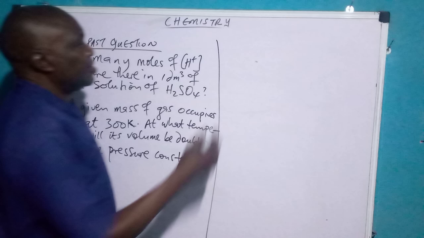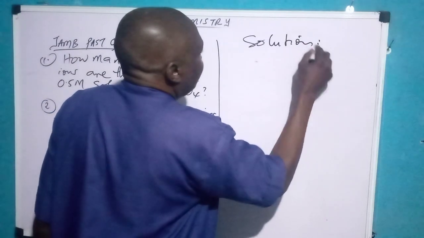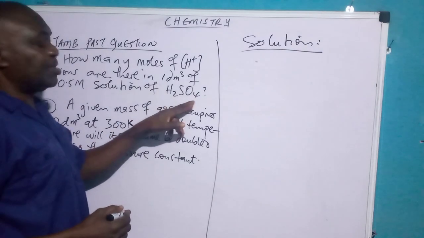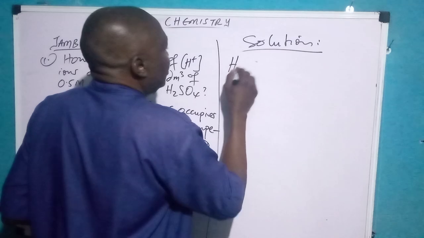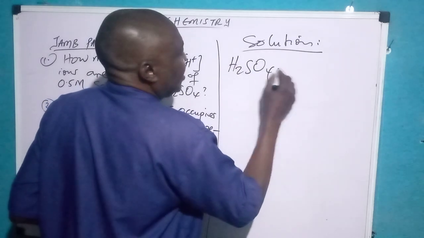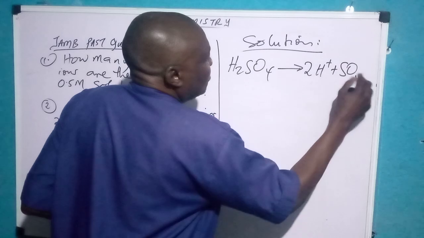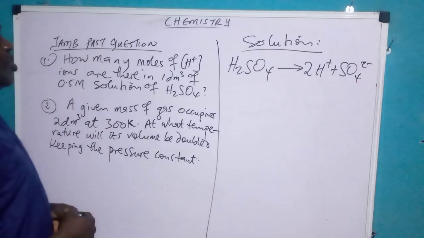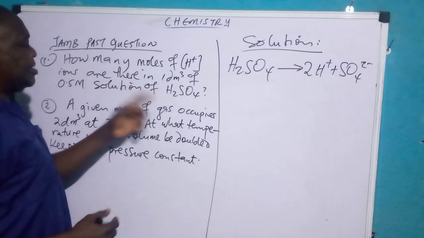To solve this, it's not hard. What you do first, you ionize, make sure this one is in ionic form. Dissociate it. H2SO4, when it ionizes, forms 2H plus and SO4 2 minus. This is the ionic form, it has ionized. So they said how many moles of this are there in H2SO4?